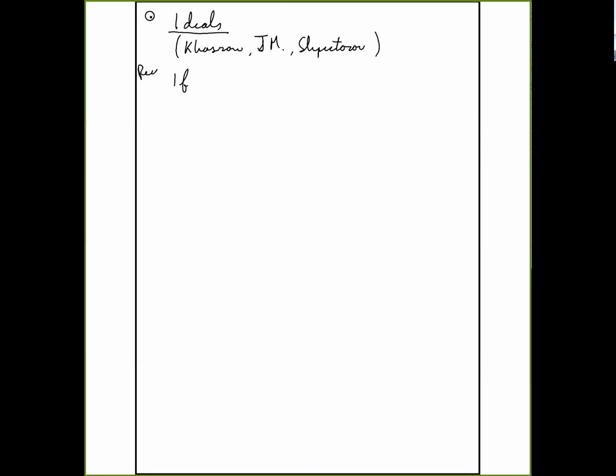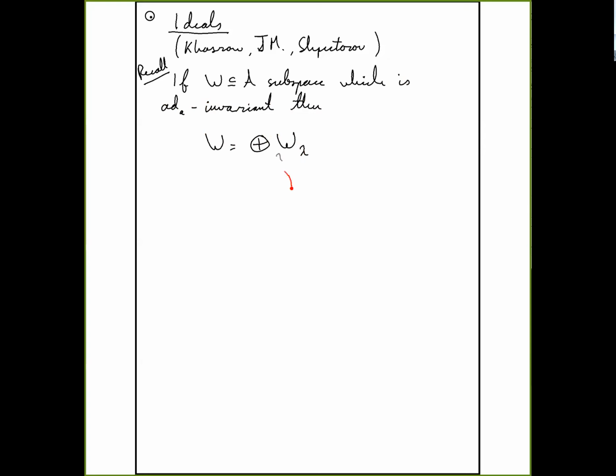So recall, if W is some subspace which is invariant under the adjoint, then W is going to be equal to the direct sum over the eigenspaces here.